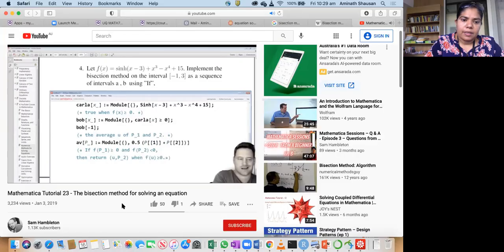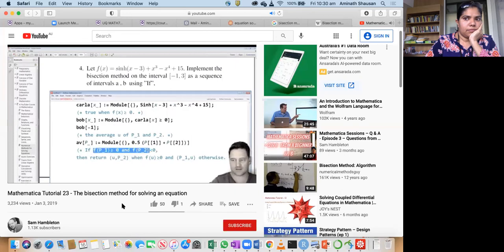And then the other way around, p1 to u otherwise. That is what we want to do in this case, when f of p1 is greater or equal to 0 and f of p2 is negative.